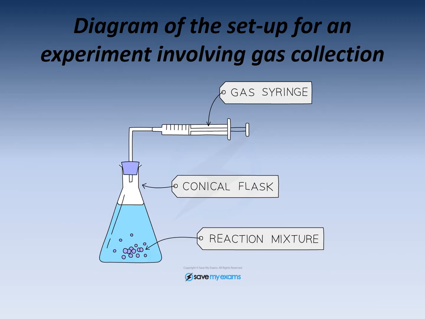Now this is the diagram of the setup for an experiment involving gas collection. You can see in this diagram that the conical flask is fitted with the gas syringe, and in the conical flask there is the reaction mixture, and if gas is produced, that volume can be measured by using the gas syringe.